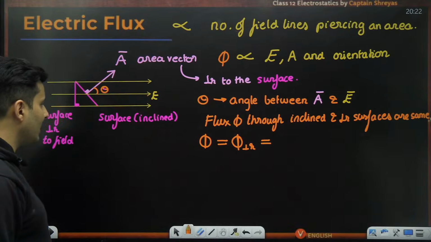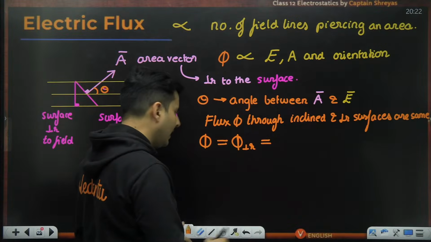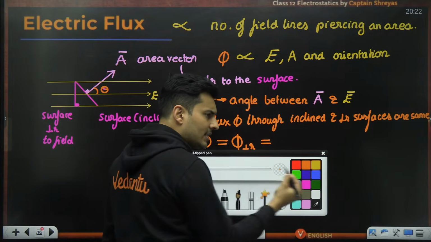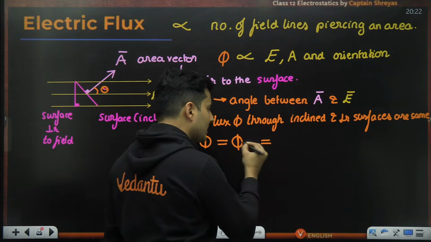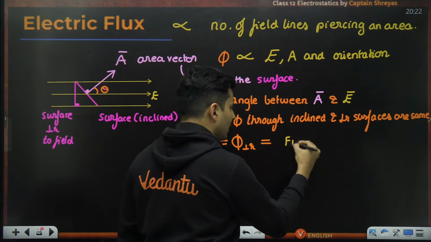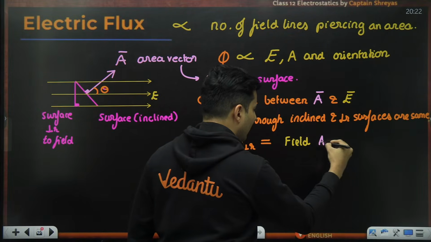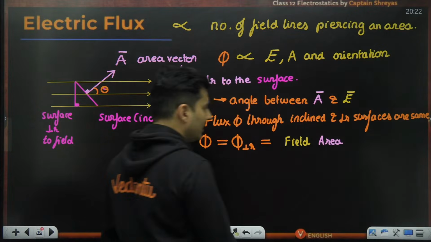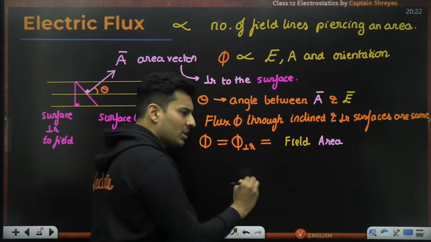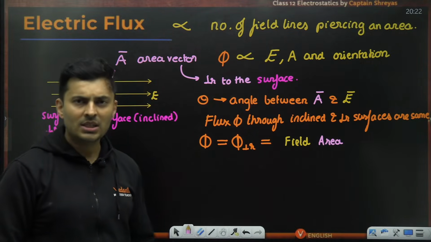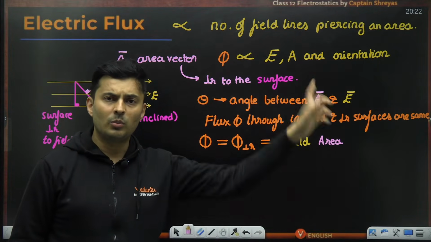So can I just say in SI units, this flux will be nothing but the field multiplied by the area, the constant of proportionality being 1. Just like in Newton's laws, F is proportional to ma.